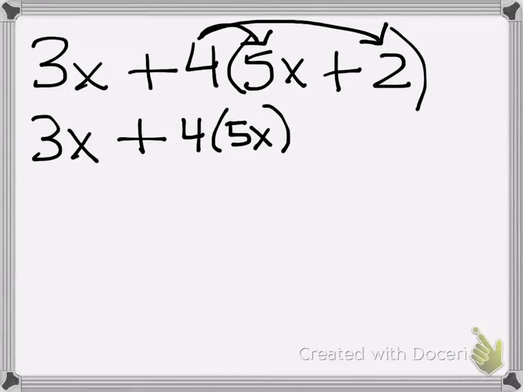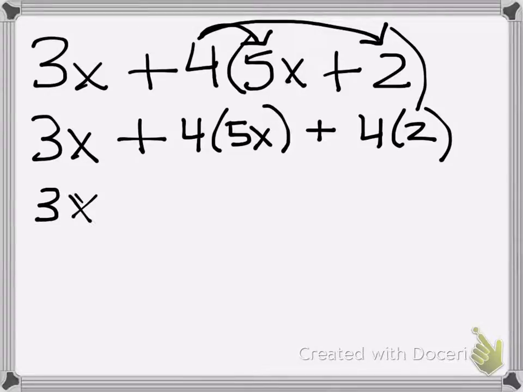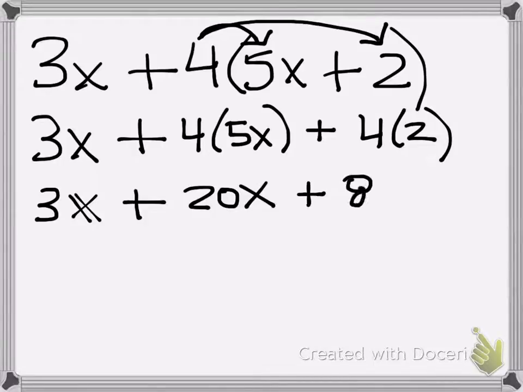Use the same operation as inside the parentheses, so plus, and then 4 times 2, because I want to distribute to both 5x and the 2. So I keep going, and 4 times 5x, sorry, my computer is acting up, 4 times 5x is going to be 20x, and 4 times 2 is going to be 8.